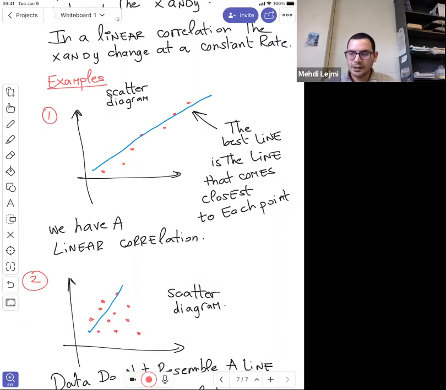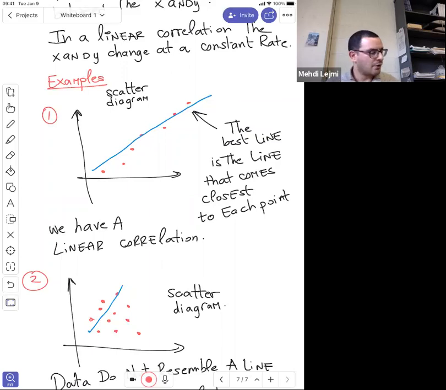The idea of linear correlation is a straight line relationship between your variables, between x and y. If you have a straight line relationship between your data pairs, that's what I call a linear correlation.